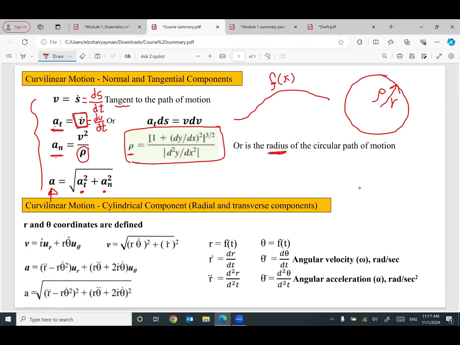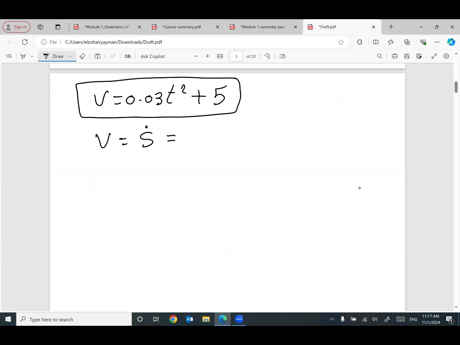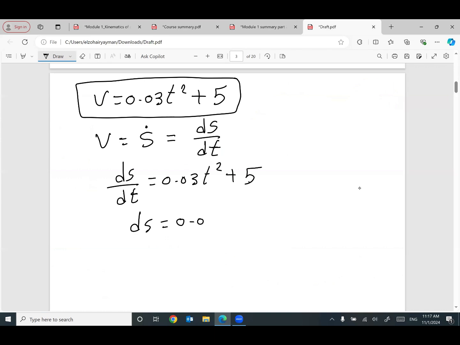If you go back to the summary, your velocity equals s dot. So s dot means ds by dt. So I can say ds by dt equals 0.03 t square plus 5. So ds equals 0.03 t square plus 5 times dt.